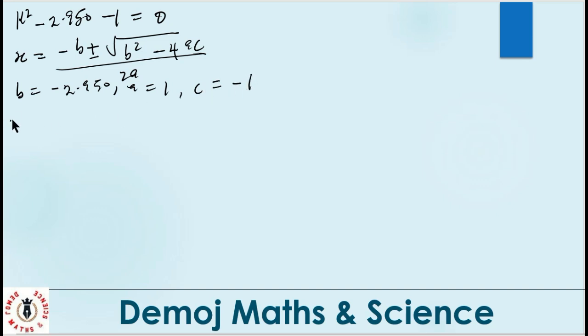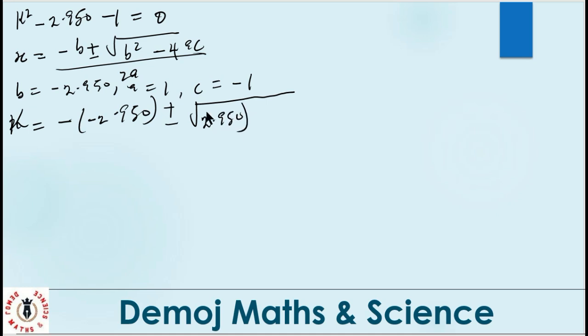So that my k now, because I've used k in here, will be the same thing as minus into minus 2.950 plus or minus square root of 2.950 all squared. I can throw away the negative sign because of the square, minus 4 into minus 1, everything over 2a.